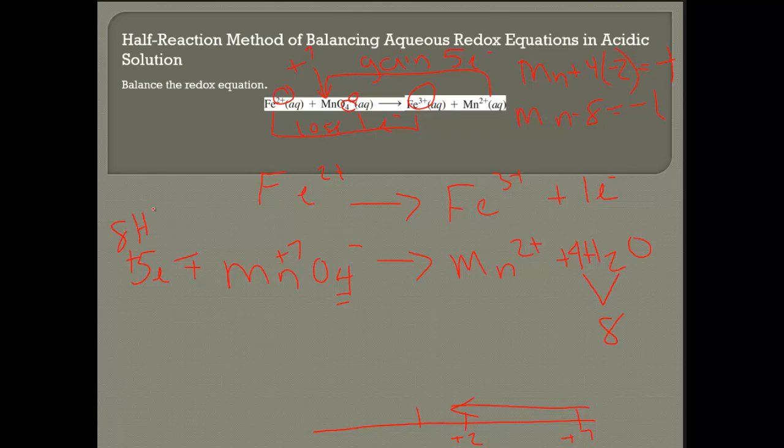So let's get a little bit more room here. We have Fe2 plus yields Fe3 plus and 1 electron. And then with the manganese we have 8 H plus, 5 electrons, and MnO4 minus. On the right hand side we have Mn2 plus and 4 H2O.